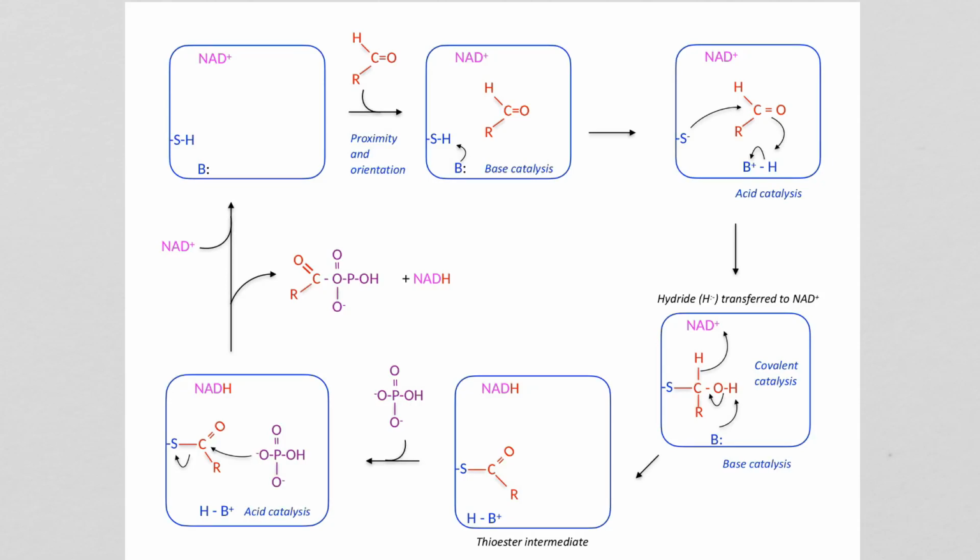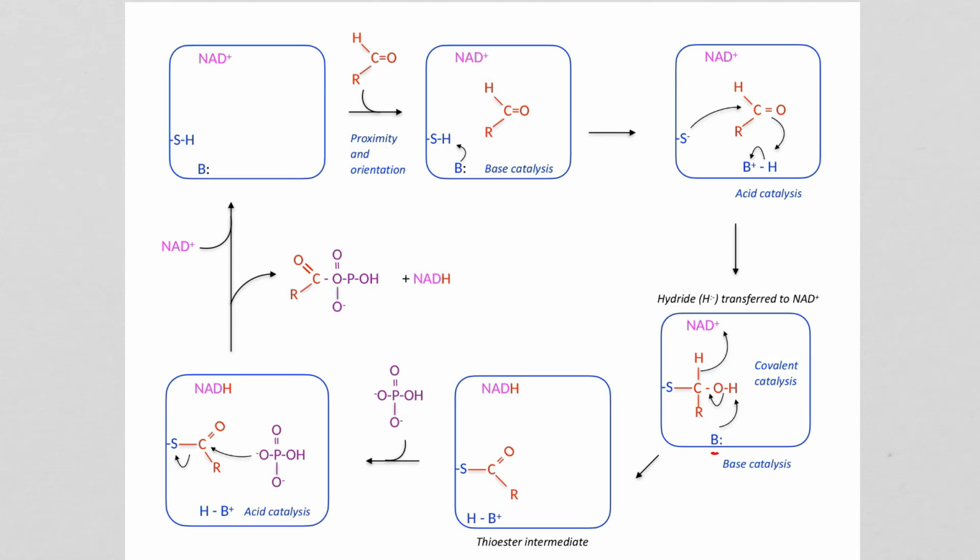So here we get an intermediate where the substrate is covalently, here's your covalent bond, covalently attached to the enzyme. So this is an example of covalent catalysis that we saw in chymotrypsin.